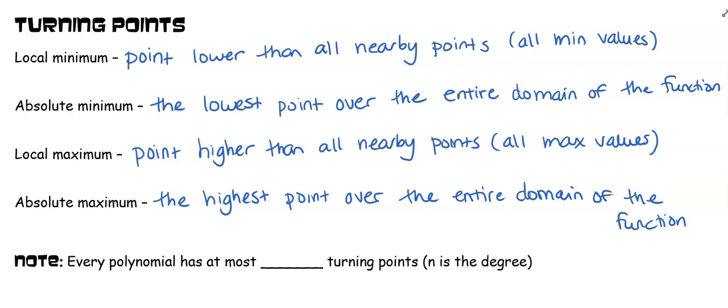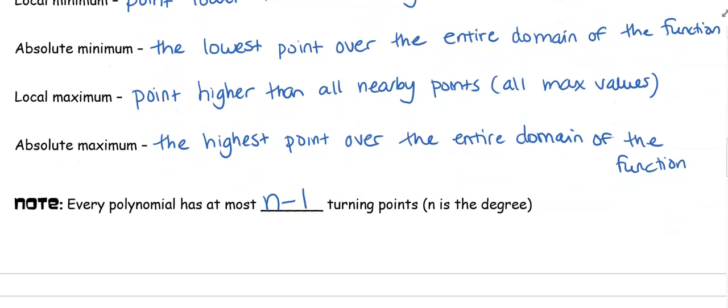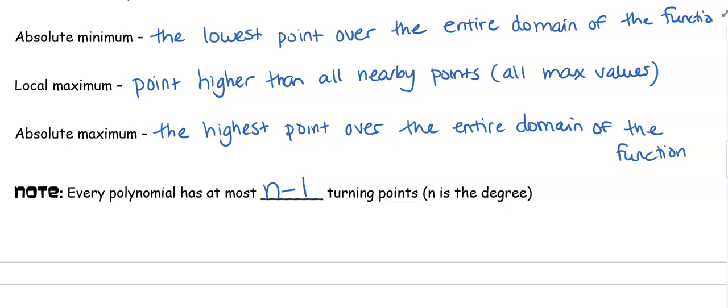So something to note is every polynomial has at most n minus 1 turning points, where n is the degree. So what we mean by that, for example, if the degree of my polynomial is 4, it has at most 3 turning points.